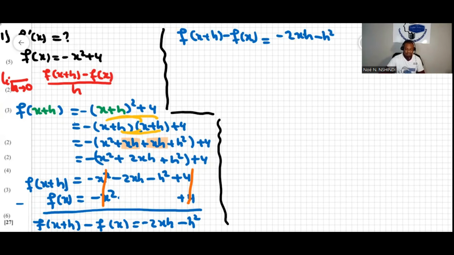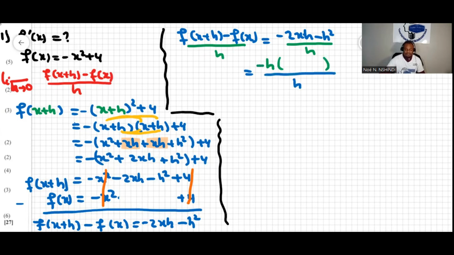We can divide here by h and there also by h. And then this can be written as we can take h as a common factor. Actually, negative h as a common factor.